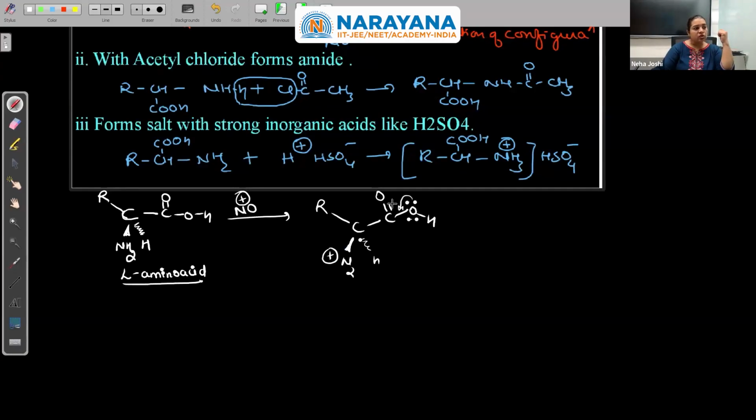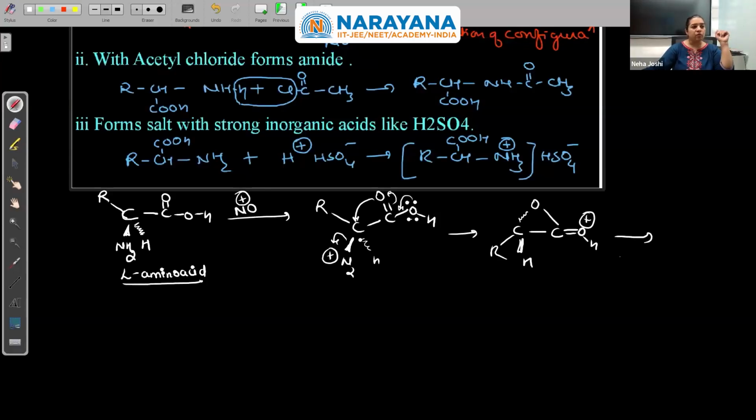Now, as I said, there is NGP. This attacks, N2 is released. So CR, H, this will be now wedge, and this is now oxygen, carbon, double bond O, H positive.